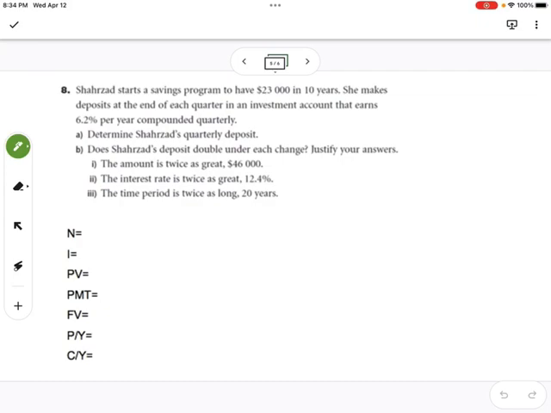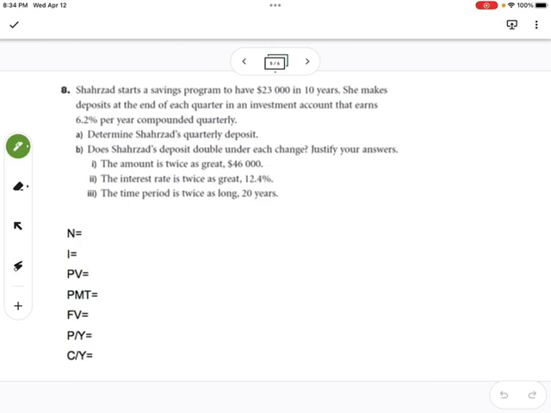So Shahrzad starts a savings program to have $23,000 in 10 years. She makes deposits at the end of each quarter in an investment account that earns 6.2% per year compounded quarterly. Determine Shahrzad's quarterly deposit is the first question here.